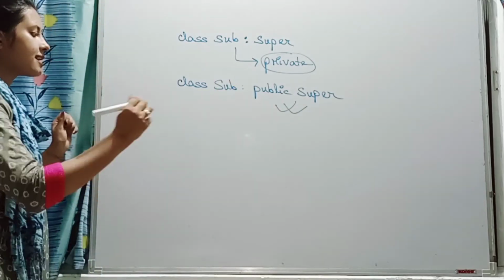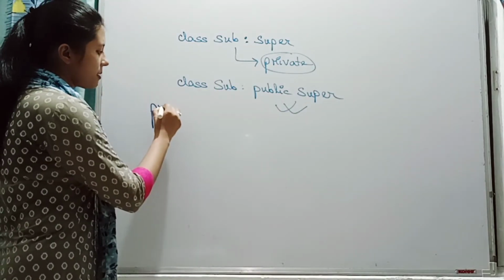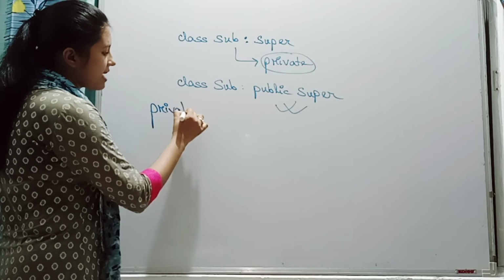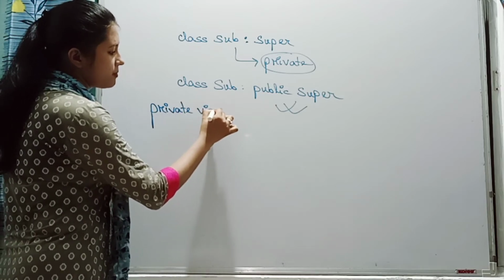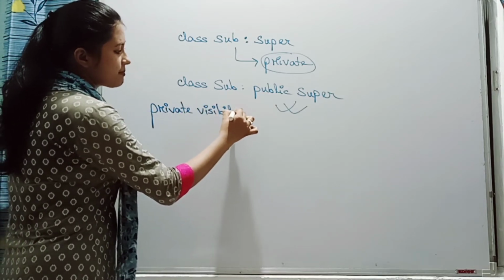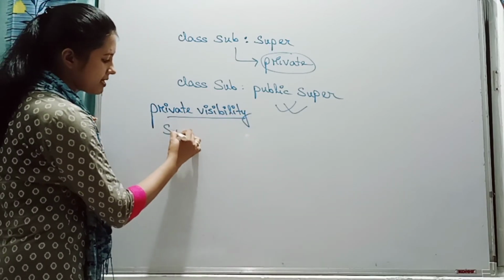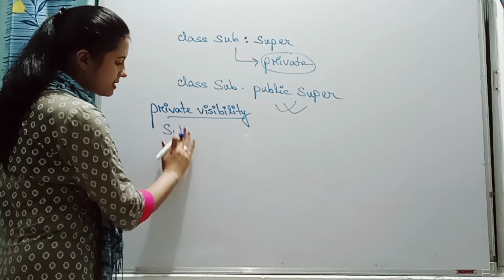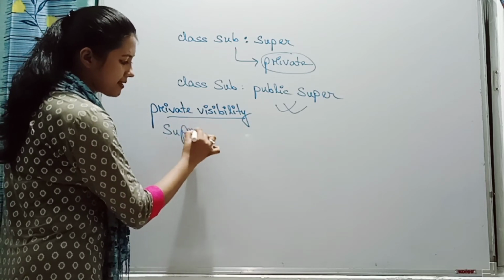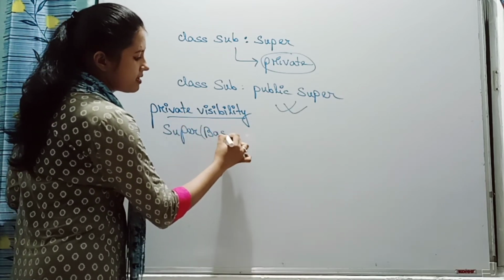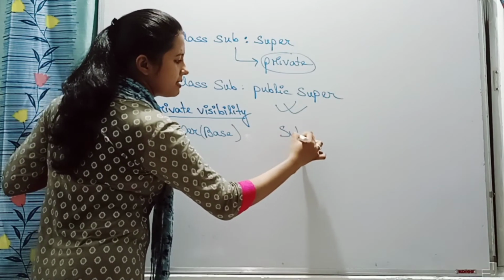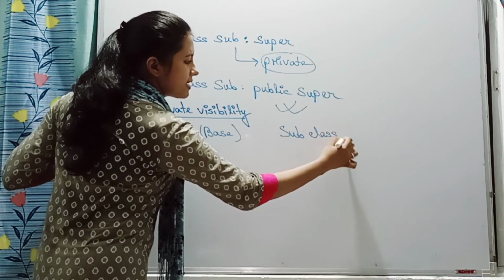So at the last I want to tell you to always remember, when there is private visibility mode, this is our superclass, that is our base, and this is our subclass, which is our derived class.